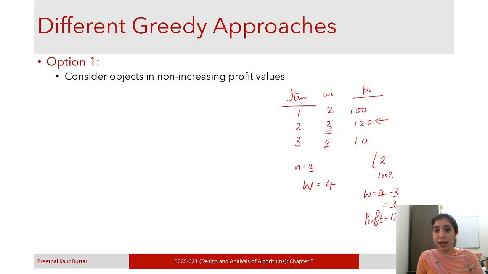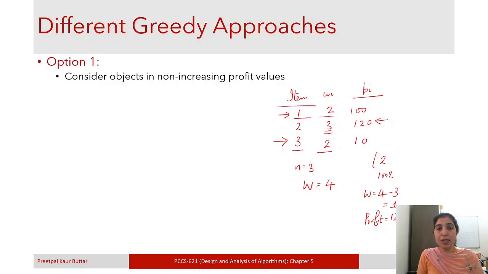No, item number 1 has weight 2. Similarly, item number 3 has weight 2. So we have to choose a fraction of these items.